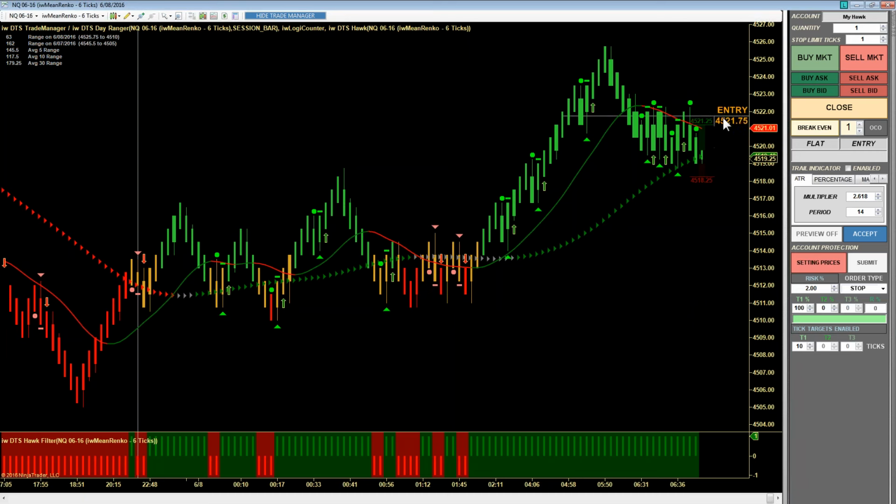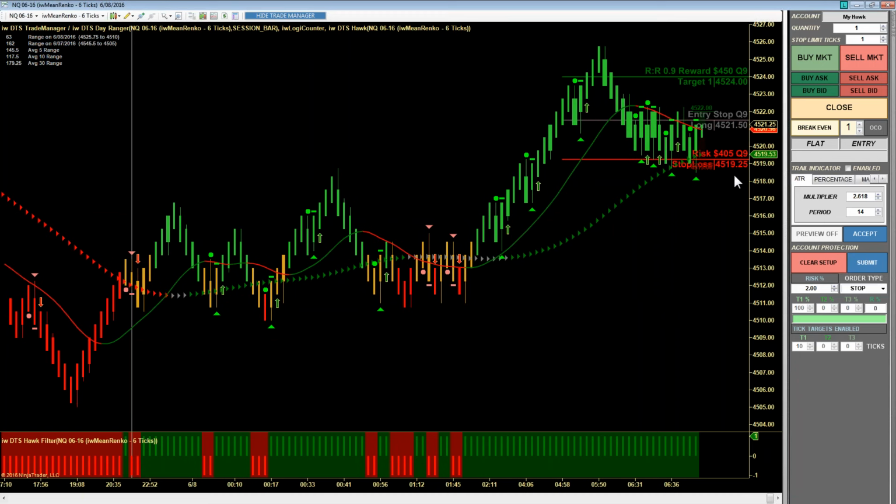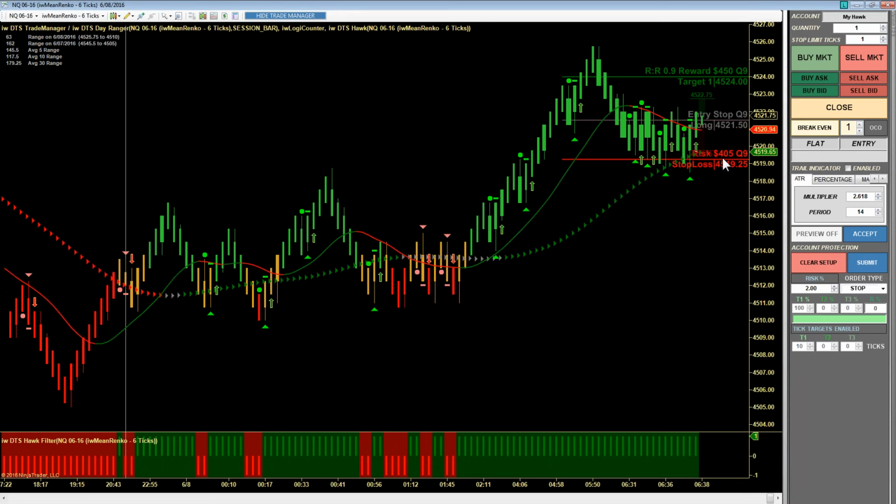Well, what would happen if I placed my same entry, but I placed my stop a little bit closer? Oh, well, my risk is still 2% of my capital, in this case, $300. If I placed my stop really tight, okay, I'm getting a little bit of rounding error. Usually these numbers are closer to the same. So usually I'm always risking about the same amount of money.